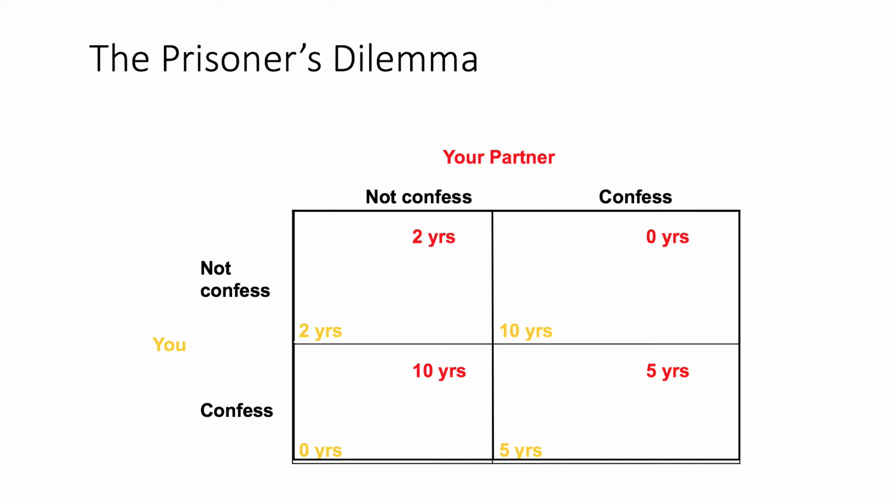If one person confesses and the other person does not confess, the person who confesses gets 0 years. They testify against the other person who then gets 10 years. So it's a really bad outcome for the other party, and vice versa. But if they both confess, they get 5 years each, right?